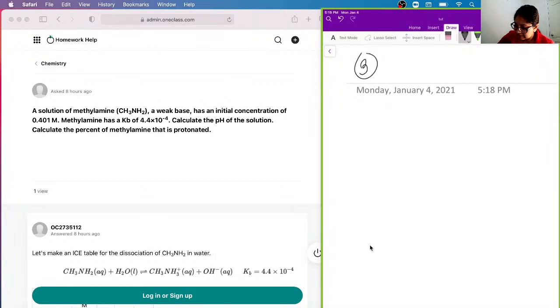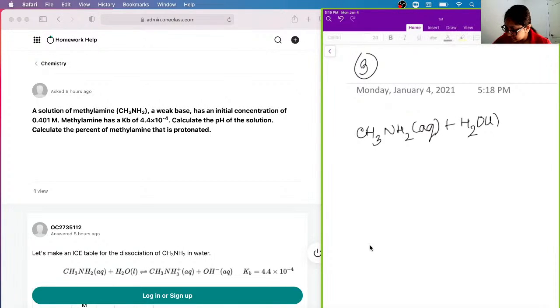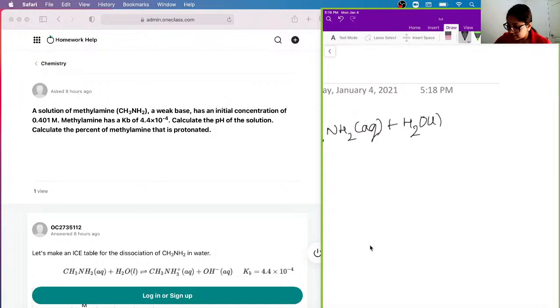We're given the formula CH3NH2, aqueous, and then you're always reacting with water, H2O. And this is an equilibrium equation, so you have the equilibrium sign.